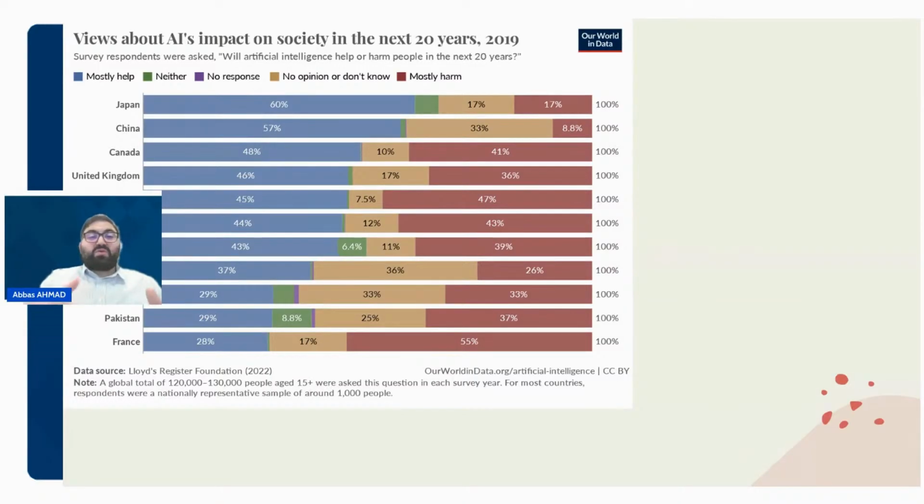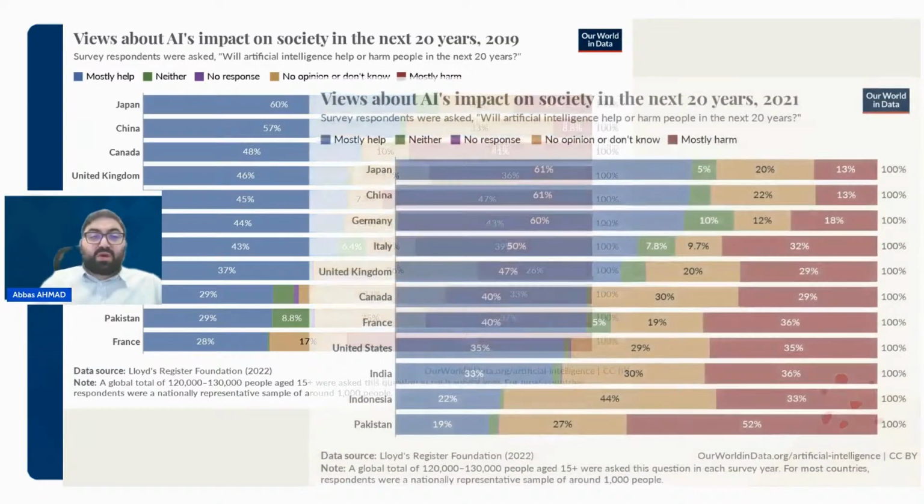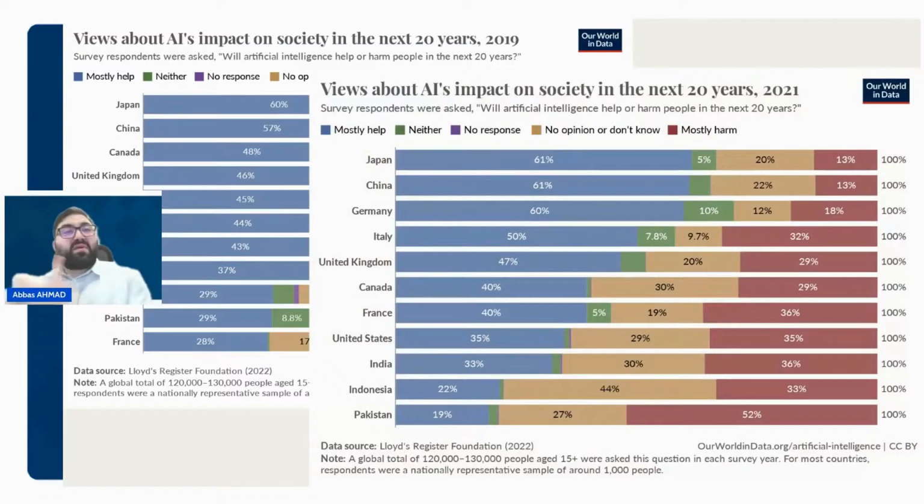For example, if we look on a mean scale on the AI impacts on society, we see that from 2019, for example, to 2021, we have a positive trend. So some countries, of course, see that the AI will mostly harm, but not all of them. So those are the exceptions to the rule.